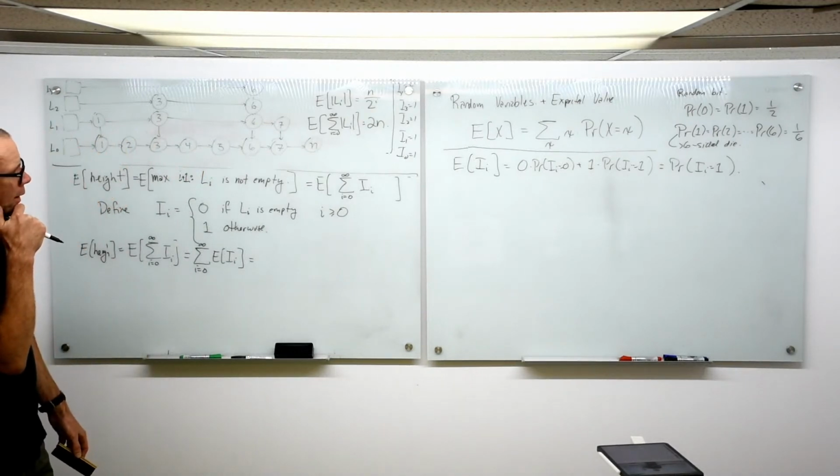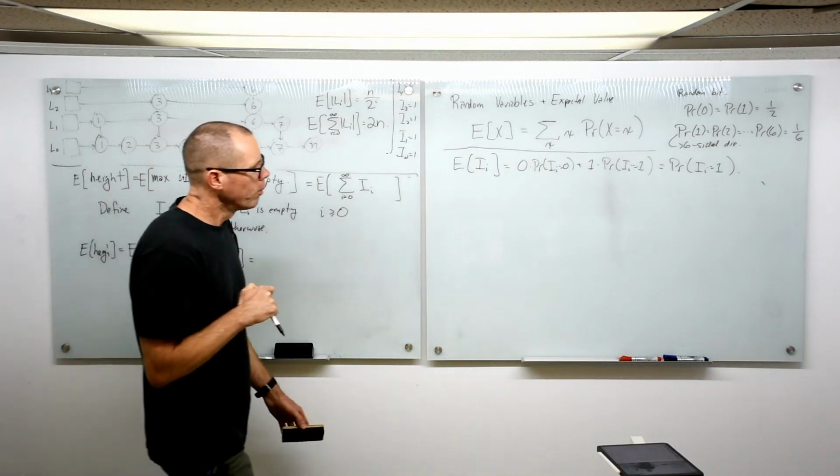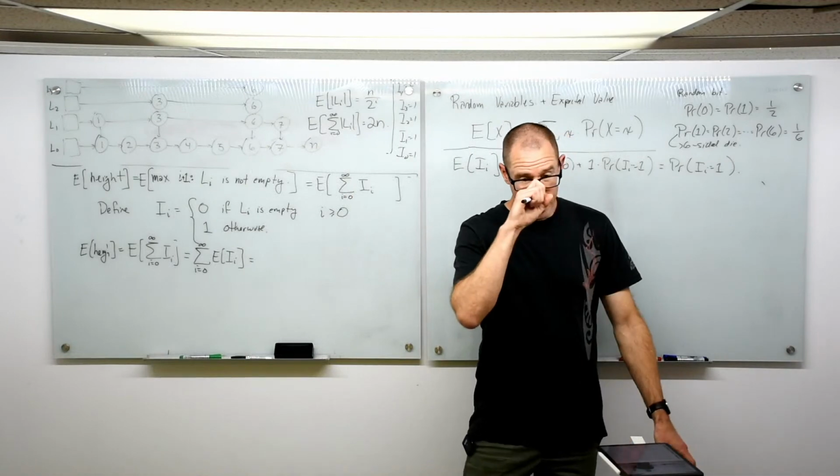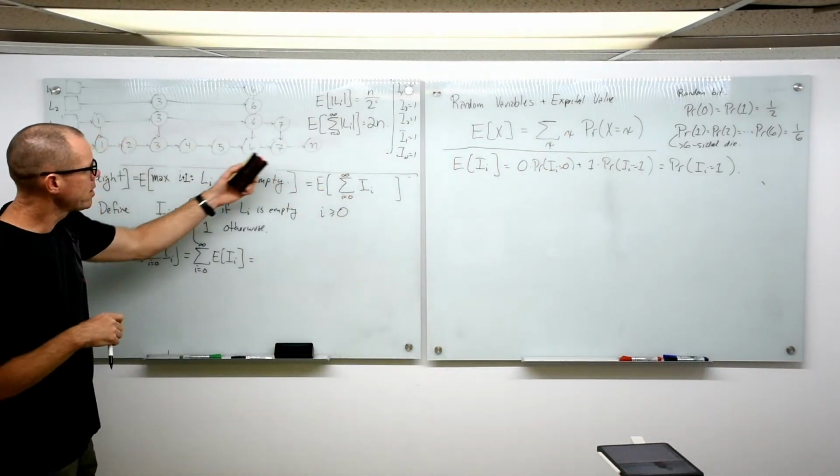Okay. So here are two things that I can, and I don't know. What's this probability that I_i equals 1? I mean, I have here 8 elements.